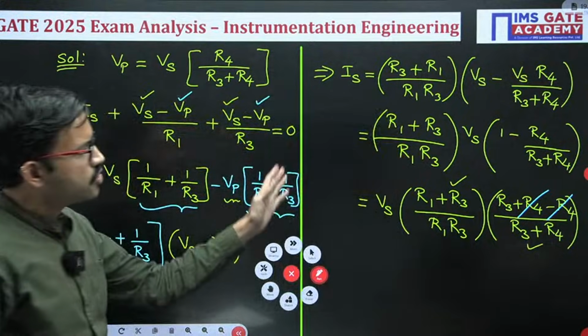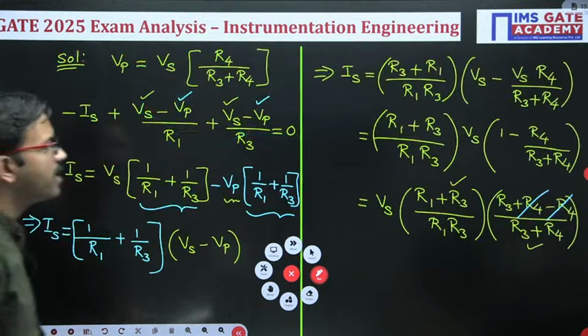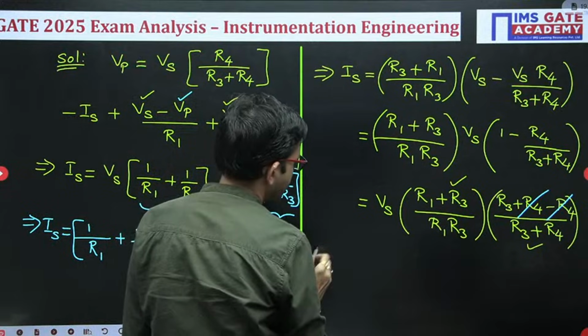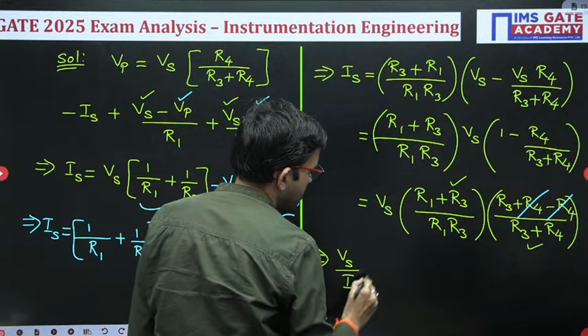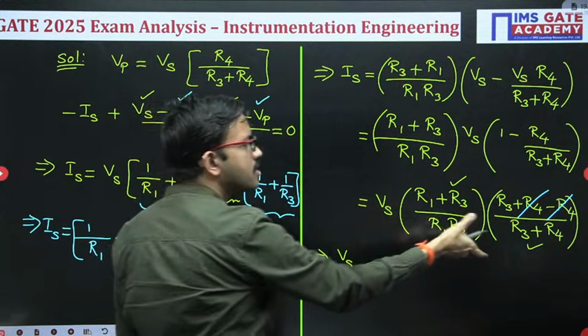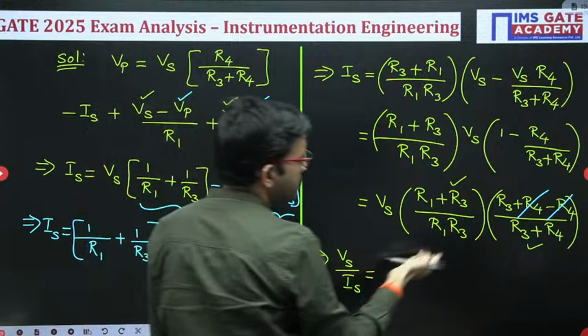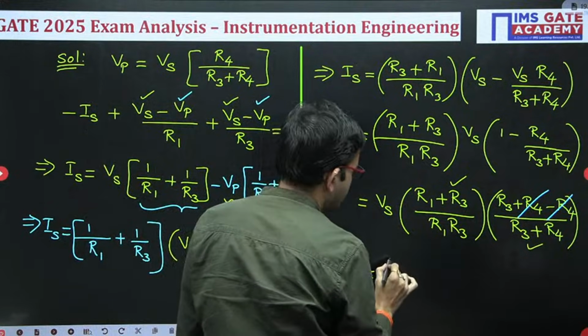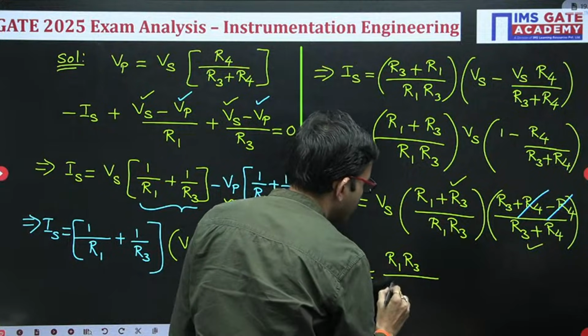Next, from here you are getting this expression and then this expression. So Is equal to Vs into something, but in this question they have asked Vs by Is, so you can rearrange. From here, direct step I am writing Vs by Is. That means Vs I kept this side, Is I brought. Whatever expression you are bringing this side, it will become inverted, correct? That means you are getting R1 R3 divided by R1 plus R3.